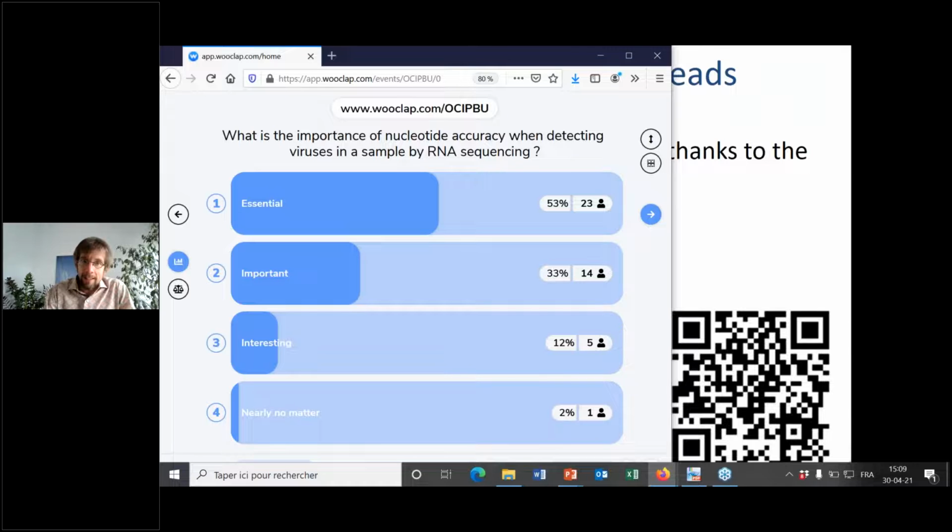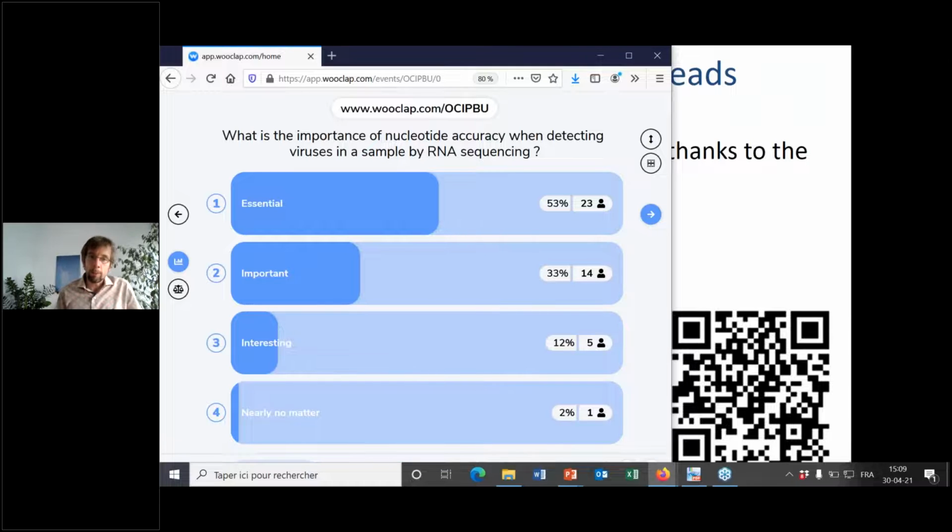Nucleotide accuracy is good when detecting a virus, but not so much, because you need a lot of errors in order to misassign your virus. For example, with the species demarcation criteria of 20% mismatches or 80% identity, you need very bad sequences to really puzzle it.